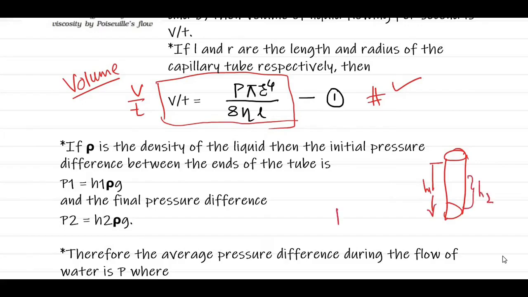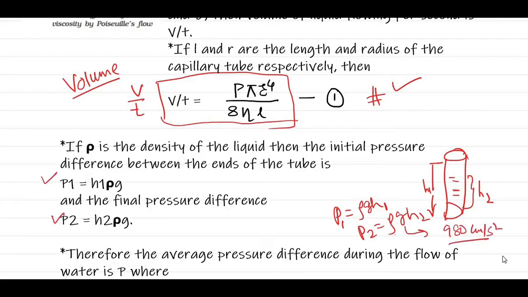Pressure we can write in terms of height as rho g h. So the initial pressure P1 is rho g h1, and the final pressure P2 is rho g h2. Rho is the density of the liquid for which we want to find the coefficient of viscosity, and g is the acceleration due to gravity, 980 cm per second squared in CGS. So these are the two pressures, initial and final.